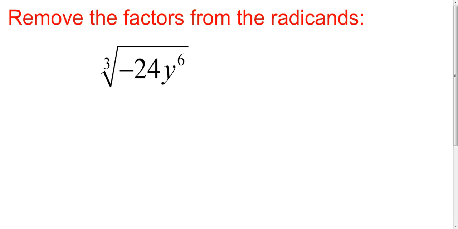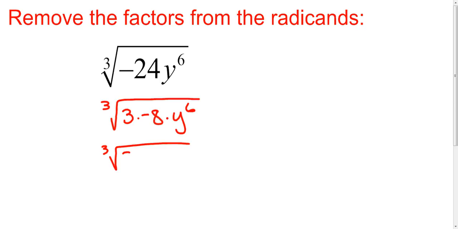All right. In this next one, okay, we're going to break the number and the variable down separately, but we're not going to write it separate because I think you can handle this. This is the cube root. 24 is 3 times -8, okay, and then I have y to the 6th power. Well, the 3 I can't really do anything with, but -8 is -2 to the 3rd power, okay?